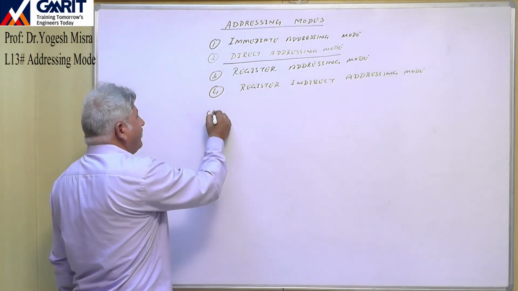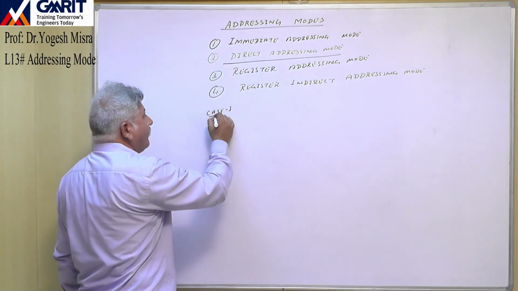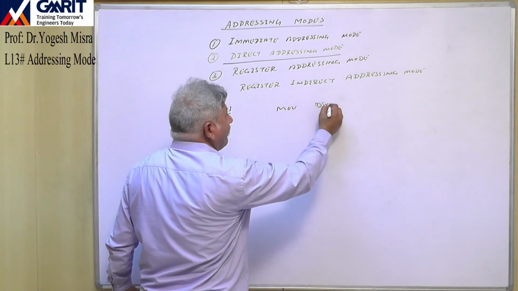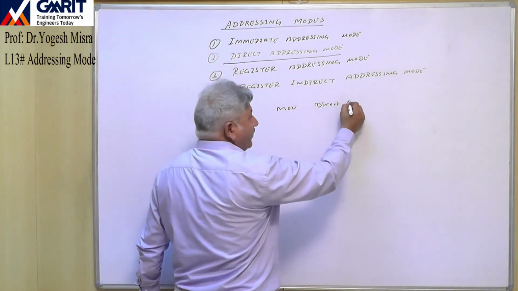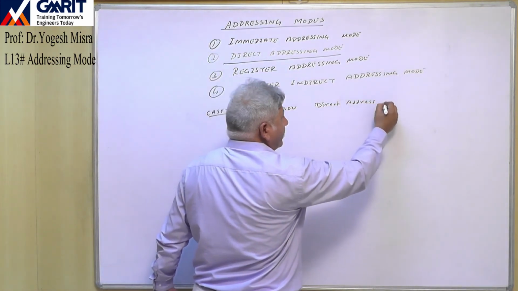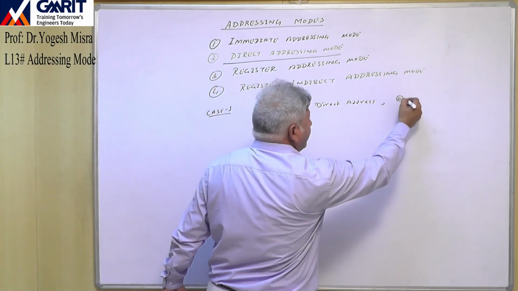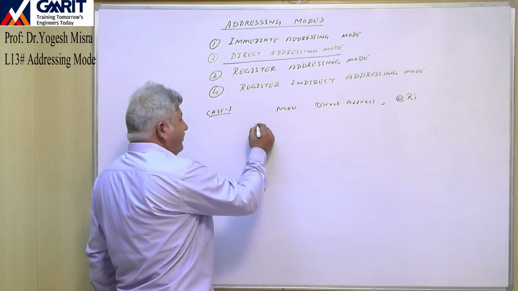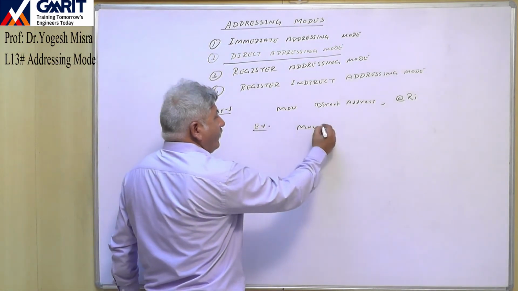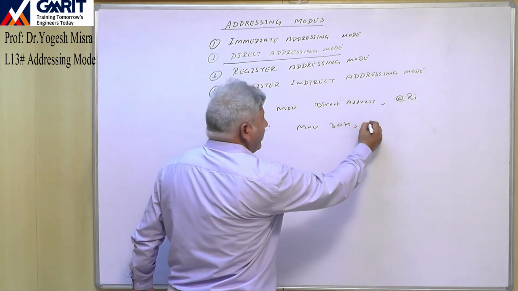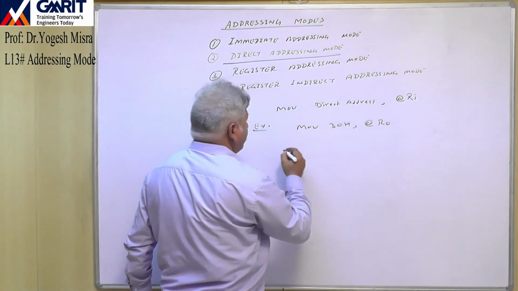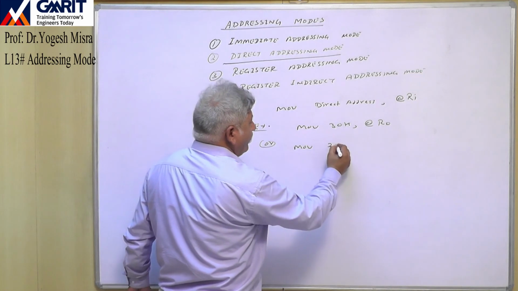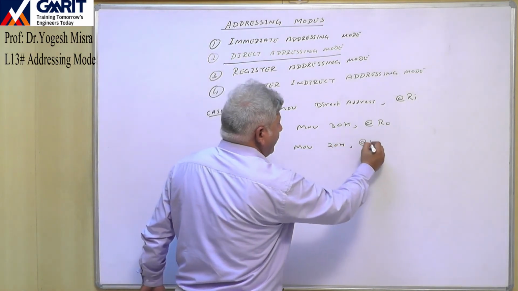For example, we take case 1: move direct address, comma @Ri. For example, move 30h, comma @R0, or move 20h, comma @R1.